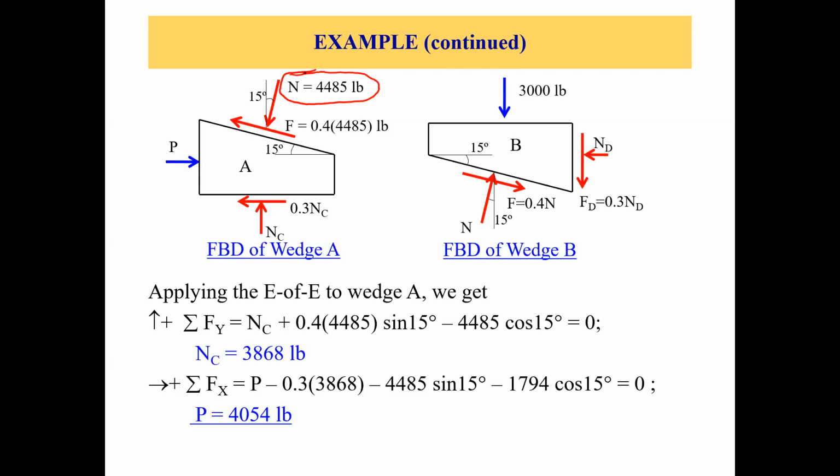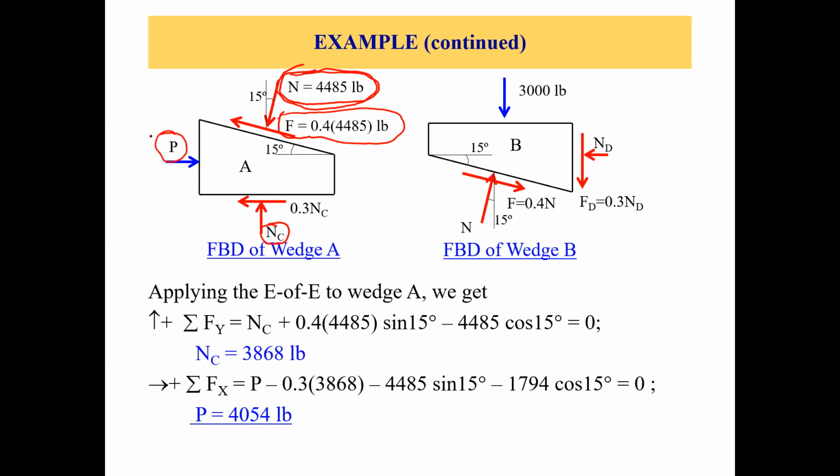This n equals 4,485 pounds, and this F equals 0.4 times the normal force, so 0.4 times 4,485 pounds. Now we know these two forces. How many unknowns do we have now? We have this n sub c, and this load P. So we are only left with two unknowns, and we can apply the equations of equilibrium to wedge A.